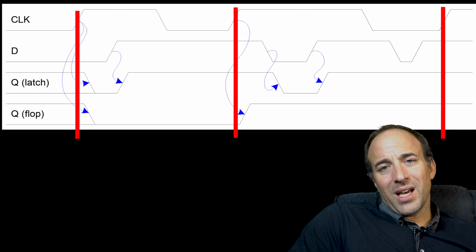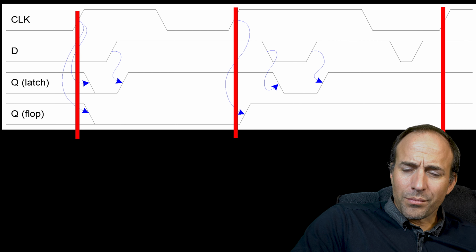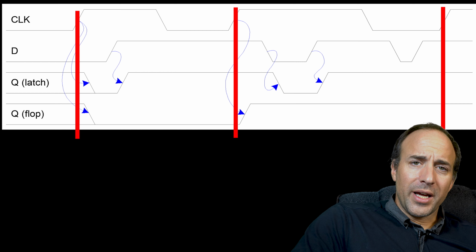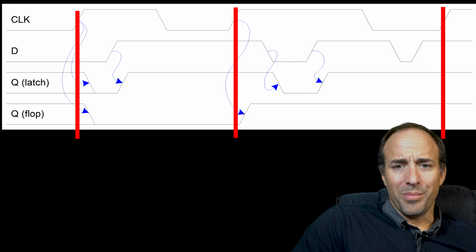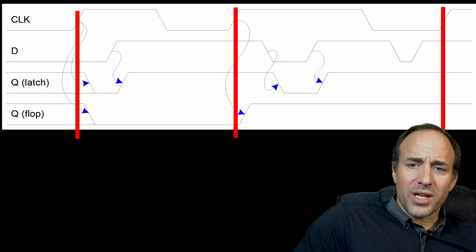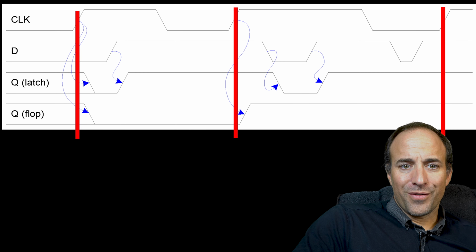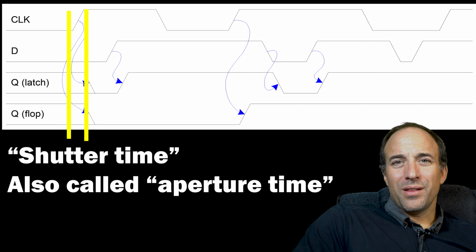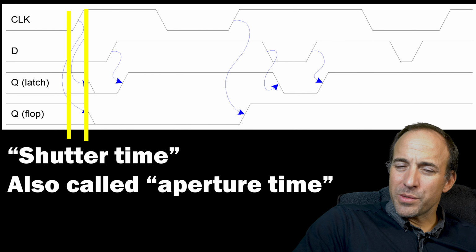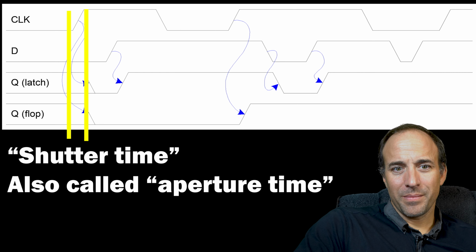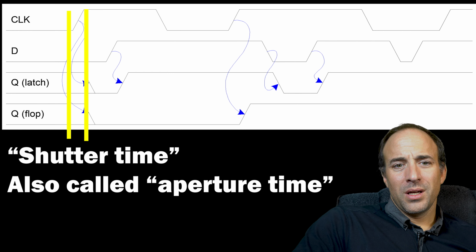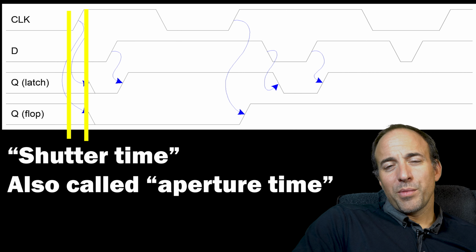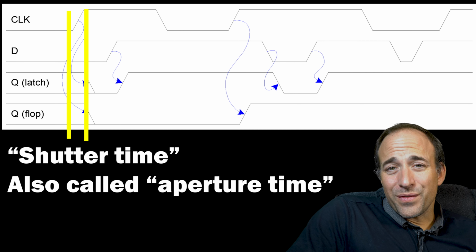I like to think of it as taking a photograph, which freezes the action during the time the shutter of the camera is open. In this scenario, the shutter time is the rise time for the clock signal. So in other words, you want the capture time, the shutter time, to be as small as possible to freeze action.